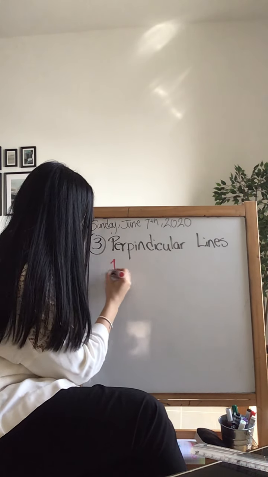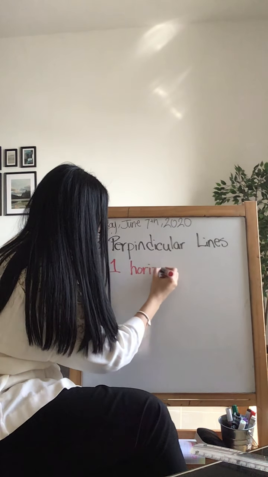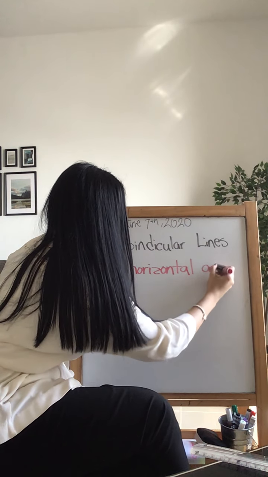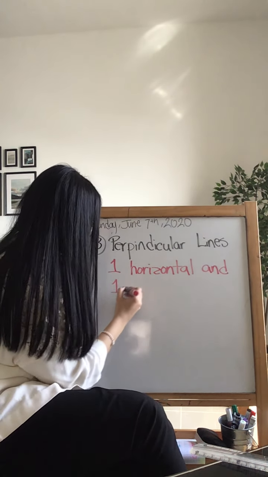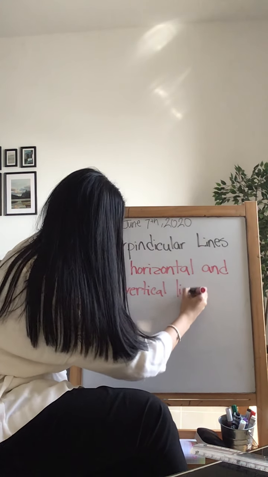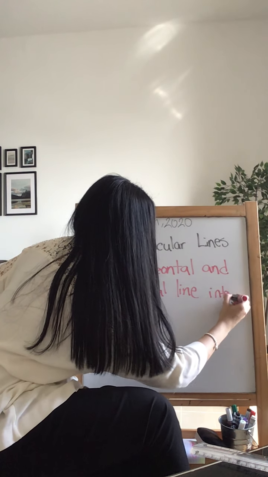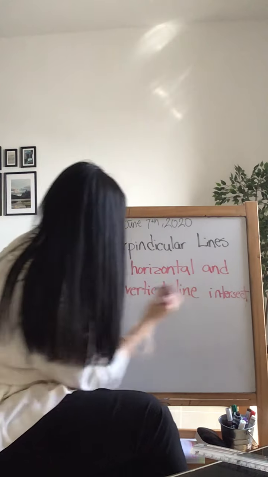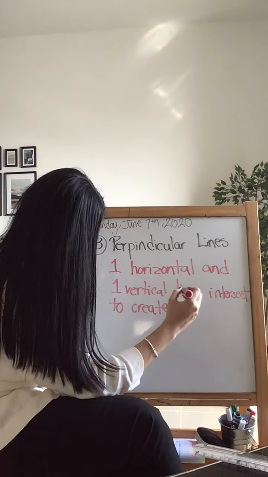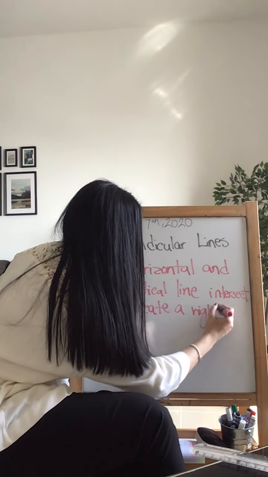Perpendicular lines are one horizontal and one vertical line that intersect to create a right angle.